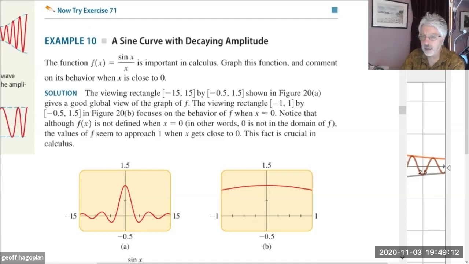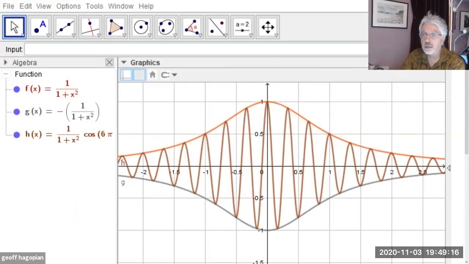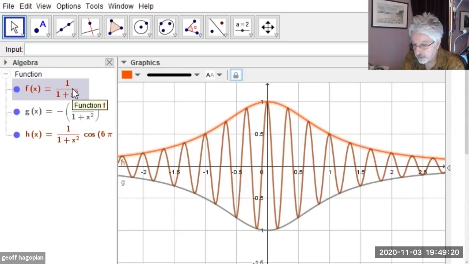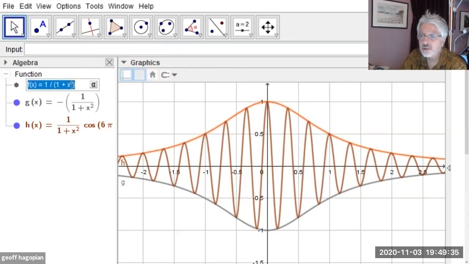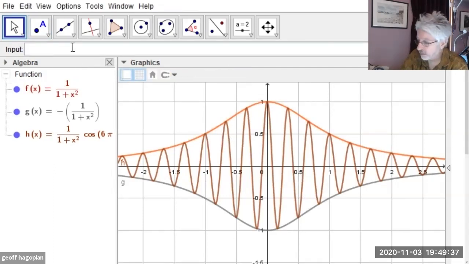So this is sort of a common situation. So maybe let's go back to GeoGebra and look at what happens if I change this to be something that decays about 1 over x. Oh, cancel. I want to change this to simply 1.